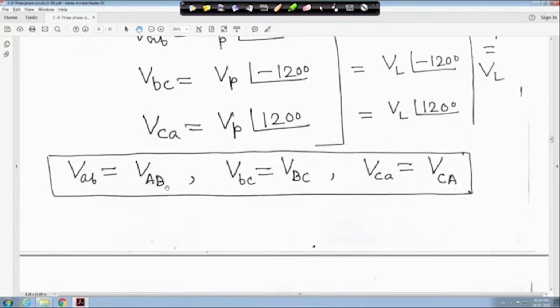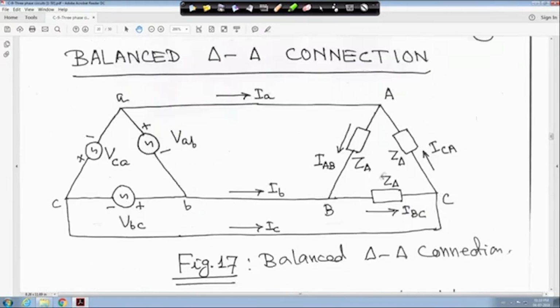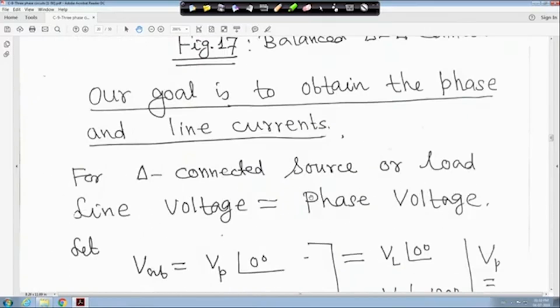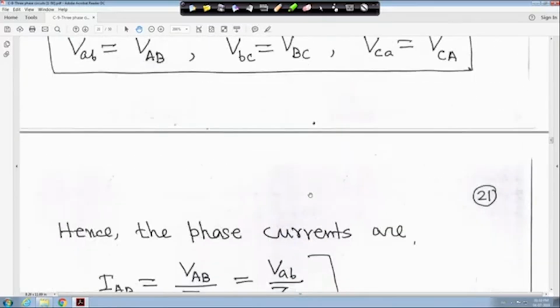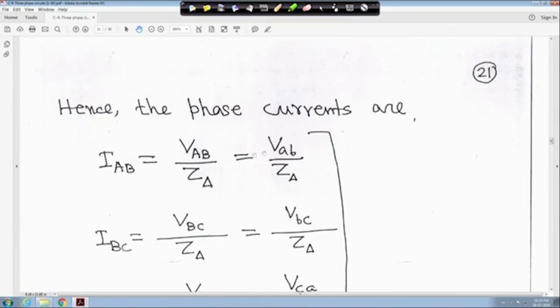So, VAB is equal to capital V AB, VBC is equal to capital V BC, VCA is equal to capital V CA. Nothing is there in the line. So small v ab is equal to capital V AB, similarly for VBC and VCA, right. Hence the phase currents are simply IAB is equal to VAB upon Z delta.